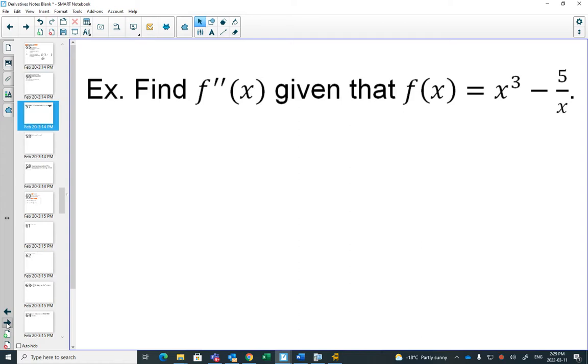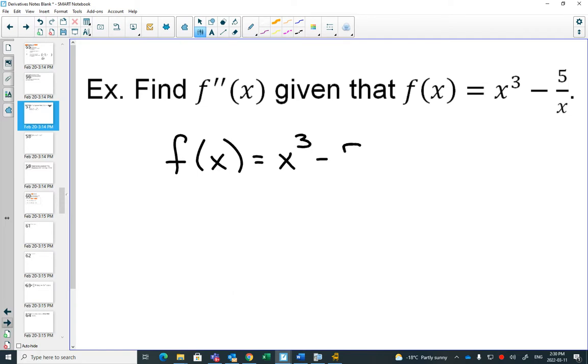Well, same process as before. You're finding a derivative. Your first step is: is this in a form that I like, or should I rearrange something to make it nicer? In this case, I would probably take the time to rearrange the second one so it's easy to use my power rule. Otherwise, I'd have to use a quotient rule, and the quotient rule is longer and more tedious.